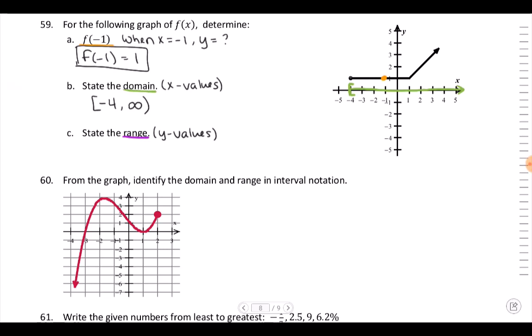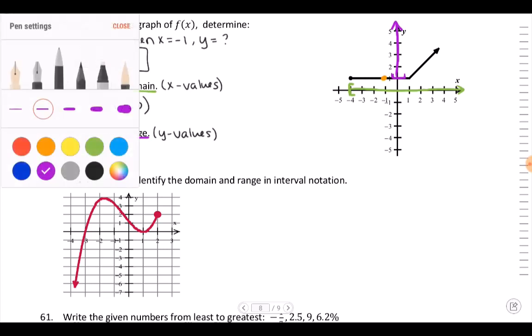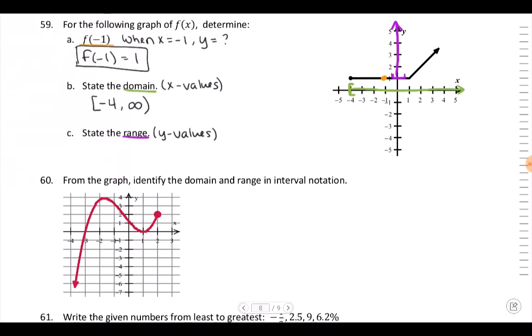Well, the smallest y value is right here at 1, and there's a whole bunch of them, so I'm going to put a bracket there. And then this arrow takes me up forever and ever this way. So my range is going to be everything from bracket 1 up to positive infinity. All right, because this goes on to positive infinity up here. Okay.